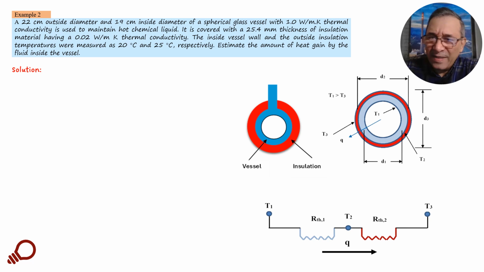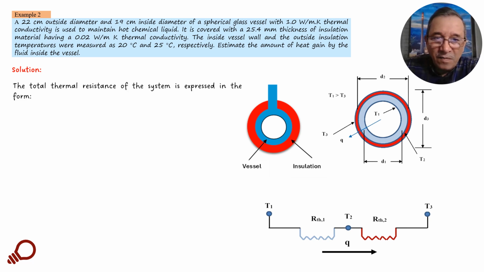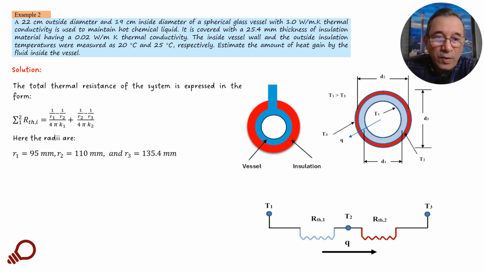We have here again all the dimensions, the vessel, the green one, and the insulation is the brown color one. And again, we can represent it by a sort of thermal resistances in series. And then we may use the general form, which we have given just a few slides before.